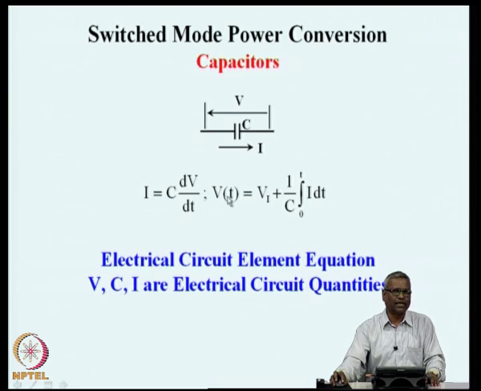So, given the current function and the initial voltage, it is possible to find out the voltage across the capacitor. And in the other equation, if we know the voltage applied across the capacitor, it is possible to find out the current through the capacitor. These are the circuit equations, and these equations are the ones which we use in order to develop several design relationships.